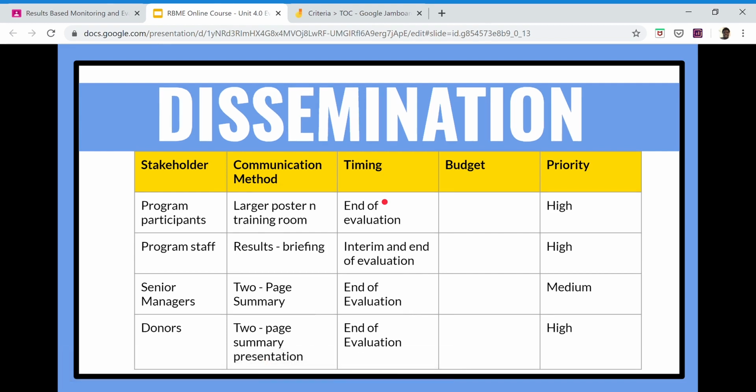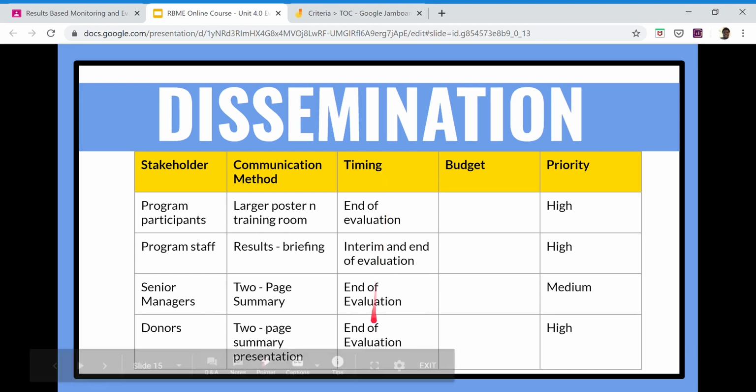Don't forget that if you're doing a learning-purposed evaluation, it means perhaps every year you'll be engaging with all the participants and stakeholders, and sending reports to them. But it depends on the type of evaluation you're conducting.